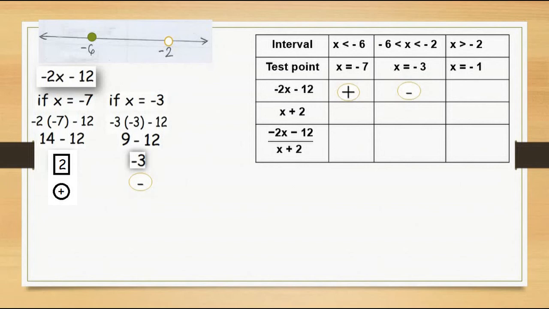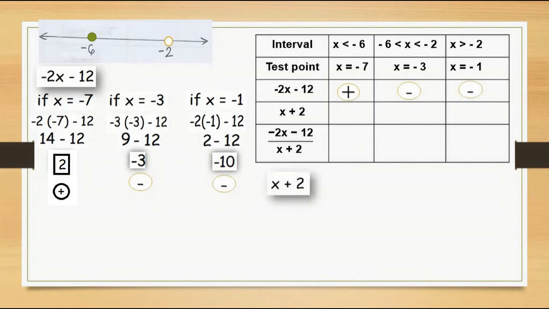Then, if x is equal to negative 1, negative 2 times negative 1 minus 12 is 2 minus 12, which is negative 10. So negative 10 is a negative number, so you put a negative sign there.